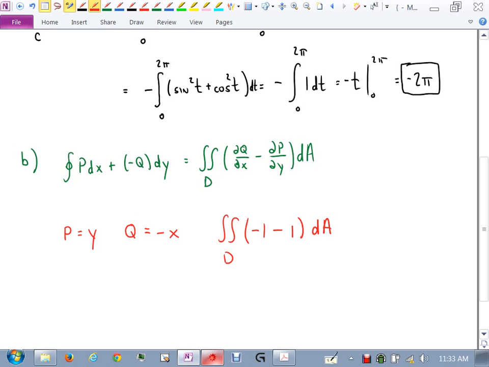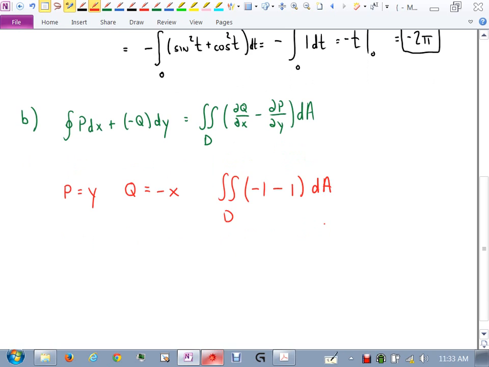Do you agree? That's just the double integral of negative 2 dA over D. Can I pull out a negative 2 and have the double integral over D of 1 dA?